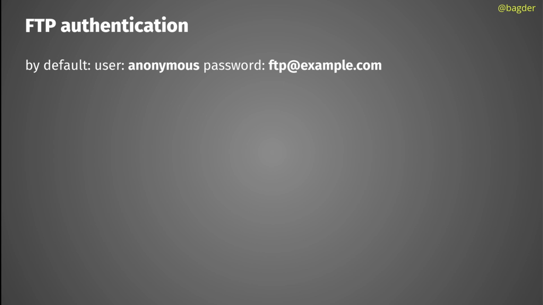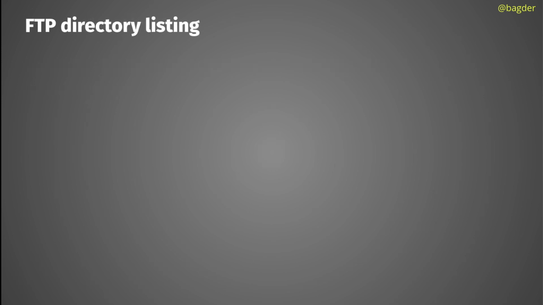And FTP is basically always authenticated. Typically, curl uses the default anonymous user and this password called ftp@example.com. But you set the user and password like normal, like all the other protocols with curl, if you want it to be authenticated.